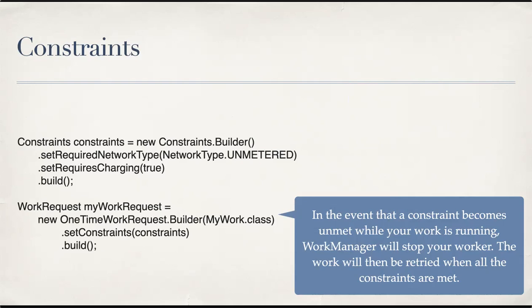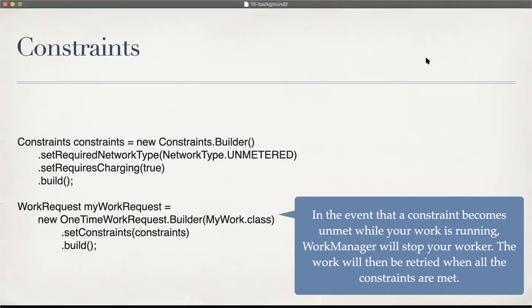Based on the retry protocol, exponential back off or linear, whatever that is, it will be retried when all of those constraints are again met. So this particular work is stopped and it's not run until your Wi-Fi and charging is back on. So there are these checks and balances in place already from the work manager, and you really don't have to worry about it explicitly.